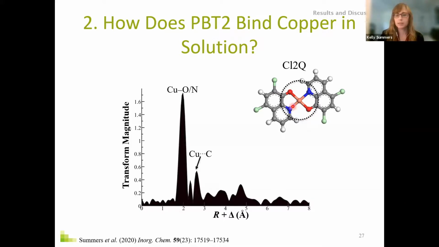You can see some multiple scattering to the carbons in the ring, in this region. You see copper multiple scattering through the oxygen to the chlorine, which is positioned at almost 180 degrees to the copper, so it gives us maximal multiple scattering. We also see a small peak in the Fourier transform, which likely corresponds to copper multiple scattering through the ring out to this chlorine in the 5th position.